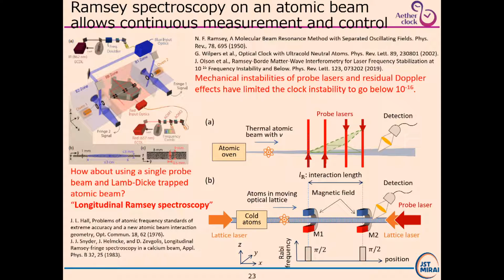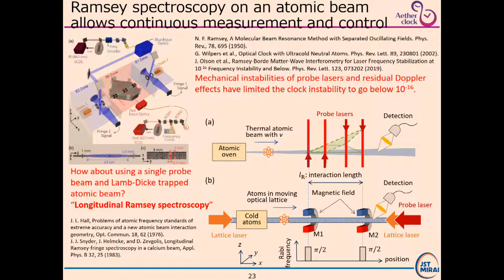Atoms interact with these 4 beams and close this atom interferometer, and they get a signal. They have a good stability, but even in very recent experiments, their final stability is limited by the mechanical instabilities of these probe lasers and residual Doppler effect. And this limits the thermal Ramsey scheme from going below 10 to the minus 16.